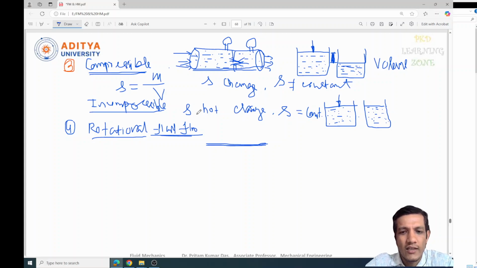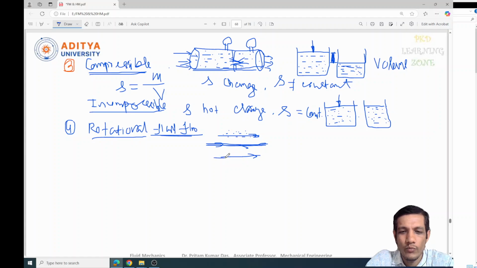We can say the fluid flow is a rotational flow when the fluid particles, while flowing, suppose this is the flow, give the arrow mark of this, are moving along the streamline. Streamline is nothing but the path which is not going to interrupt others.